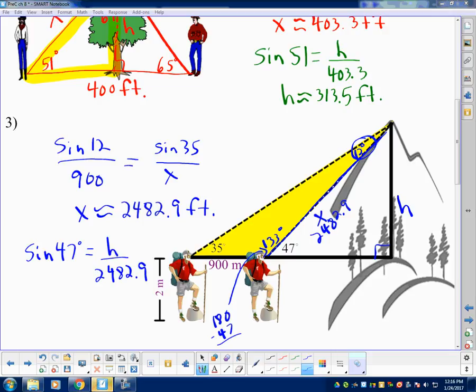Now, h doesn't represent the entire height of the mountain. I've got to add 2 meters to it. So I'm just finding h. We'll just call it h for now. So h ends up equaling 1,815.9.